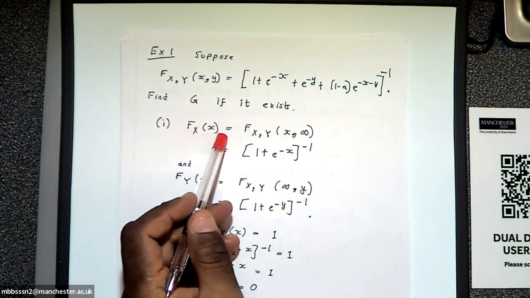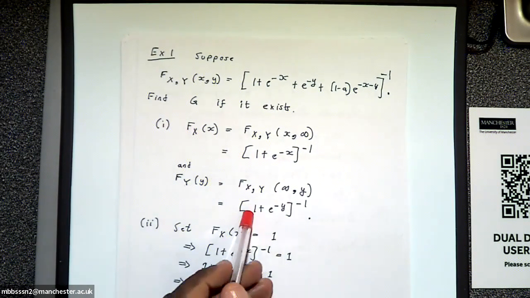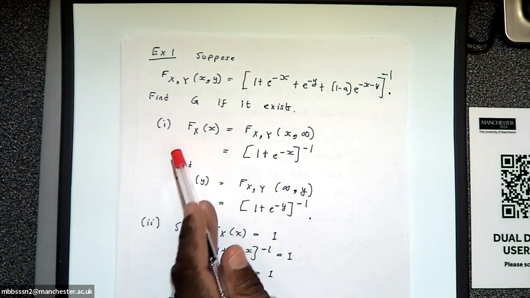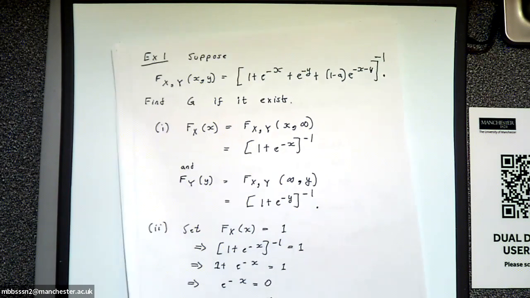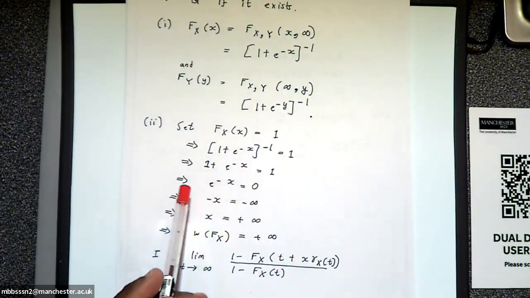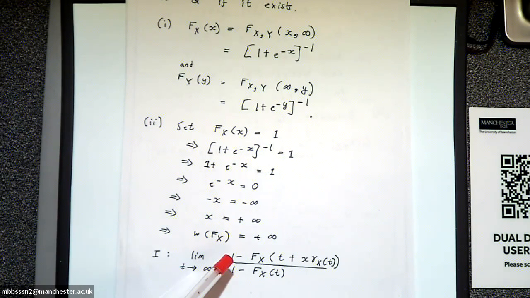So this is the marginal CDF of X, and this is the marginal CDF of Y. Step number 2 is to determine the domain of attraction of the marginal CDFs. I'm sure we did many examples on domains of attraction in the first 2 weeks or so, so you should know how to do that.